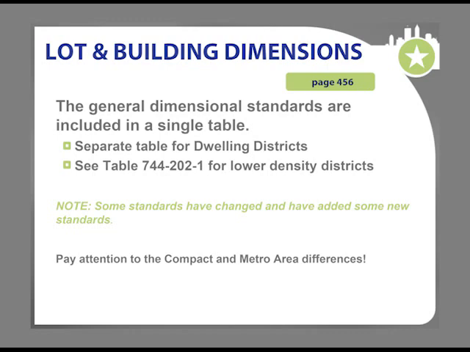Please note, some of these standards have changed, and we've added some new standards. And when reading these dimensional requirements, pay attention to whether the location is in the compact or in the metro context area, because there are differences across those two geographies.